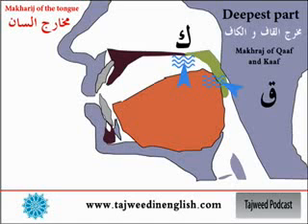You can see the vibration where I have made the arrow to show that it touches the last part of the epiglottis. It goes a little bit up into the back of the roof of the mouth, but it is the first part of the tongue which is mentioned.